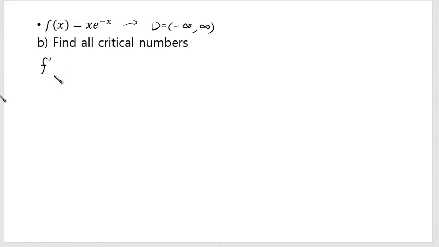Now, critical numbers are points where f prime does not exist, or where f prime is equal to 0. Hence, we will differentiate this. And it's a product of two functions, so you must use the product rule.